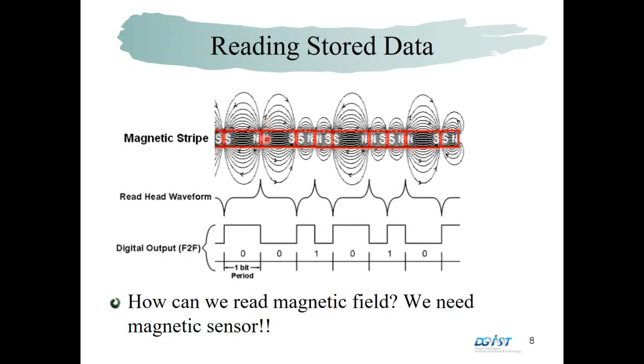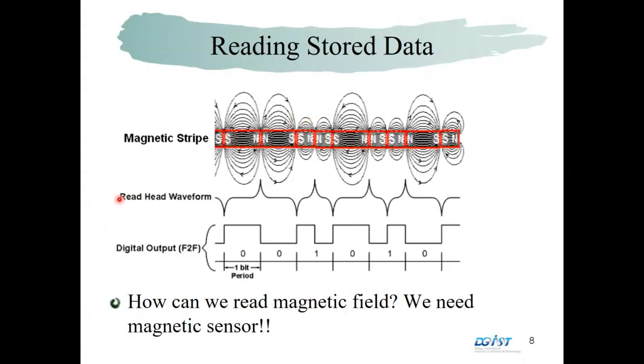There are many fields starting from the N to S. So there is a very strong magnetic field here, in the upward direction. And in this S to S, there is some downward field.